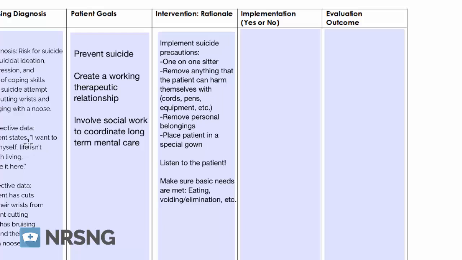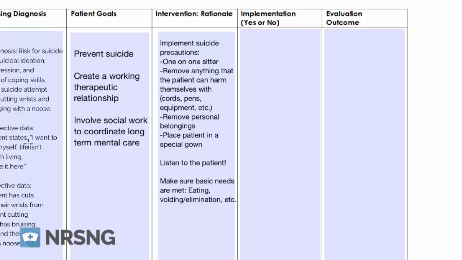Make sure that if a food tray gets accidentally delivered with, let's say, a knife on it, you want to make sure that that person is able to pick up on that if you don't pick up on it right away. You want to remove anything that the patient can harm themselves with.